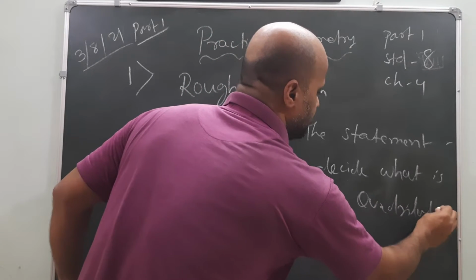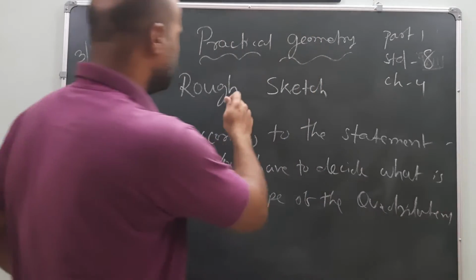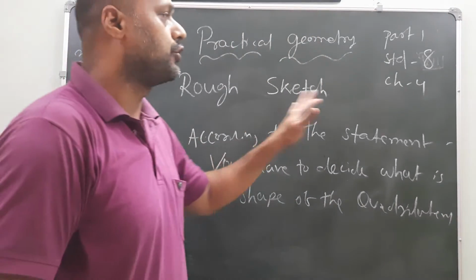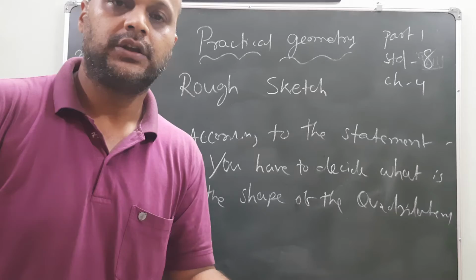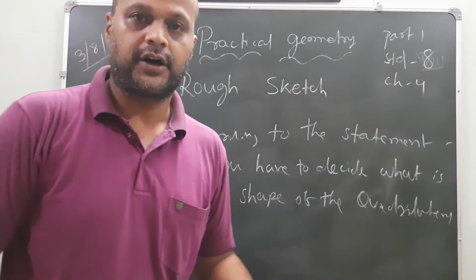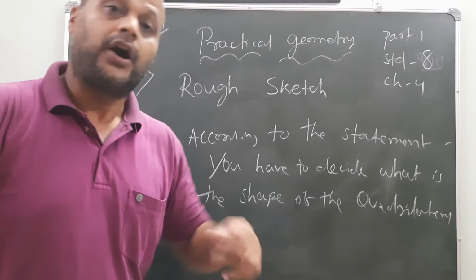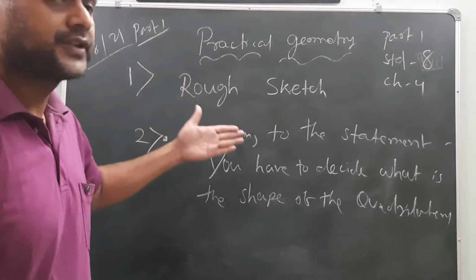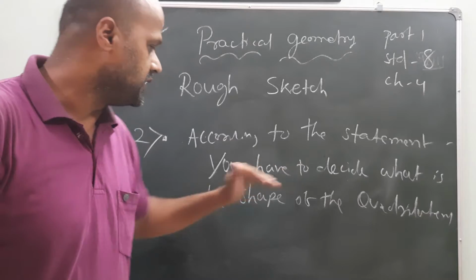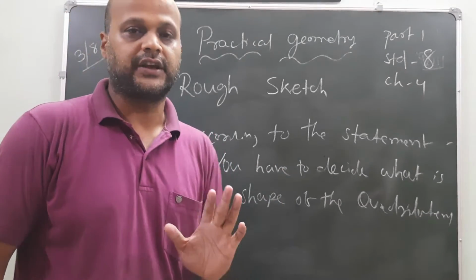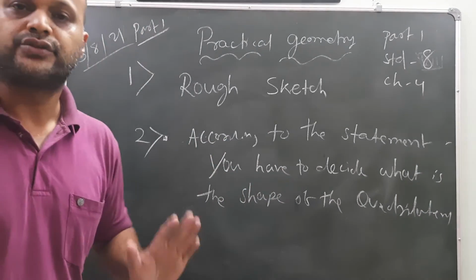So these are the 2 points. First you have to draw a rough sketch before going to the fair one, the important one. How do you draw the rough sketch? According to the statement given in your questions. These are very important points you have to remember.